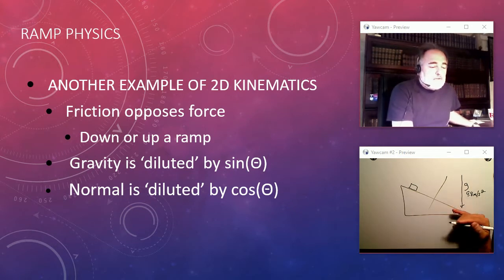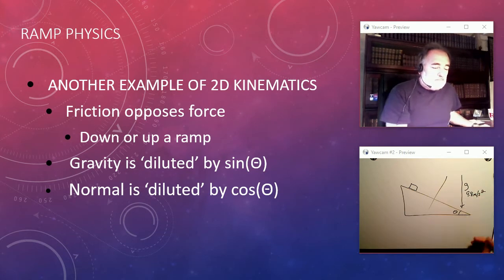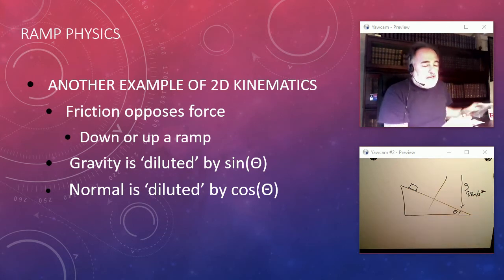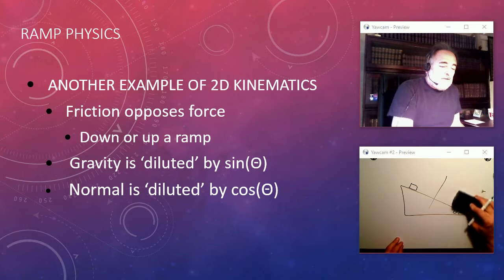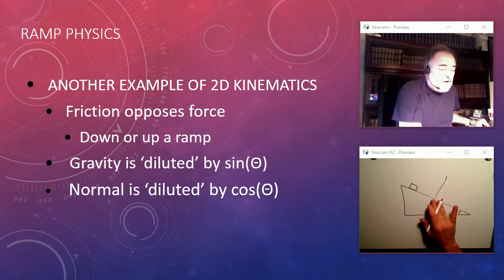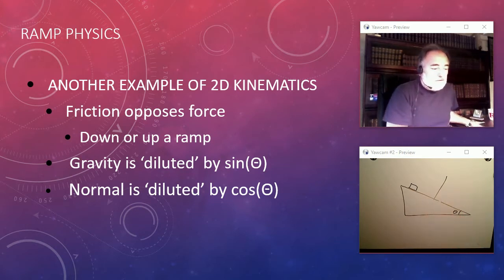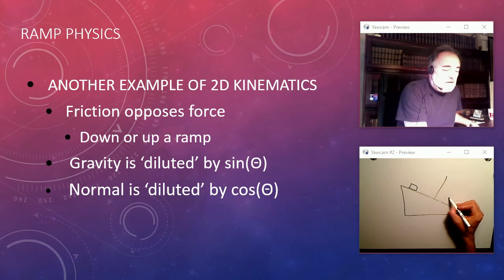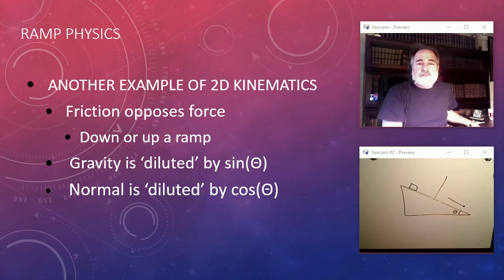But if we're tilting it, the gravity dilutes the acceleration. Or I should say the angle dilutes the acceleration of gravity. Gravity is diluted as we come down this ramp.